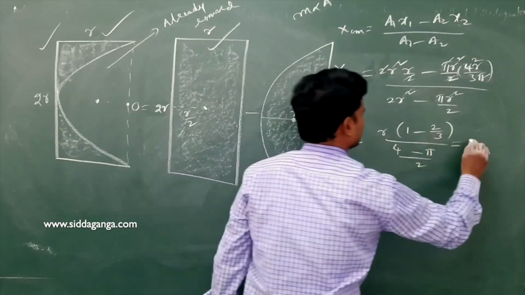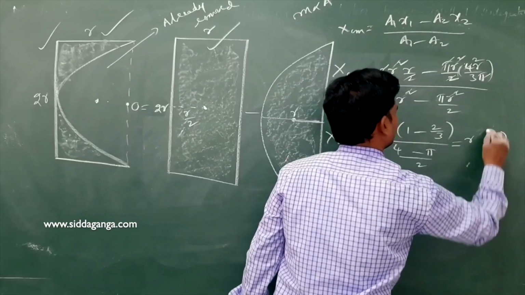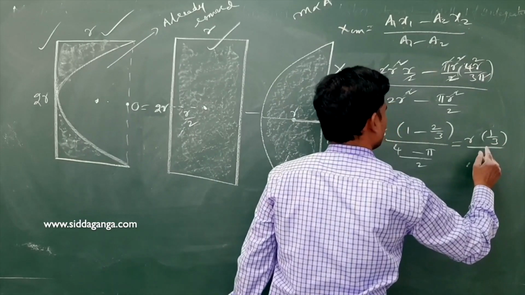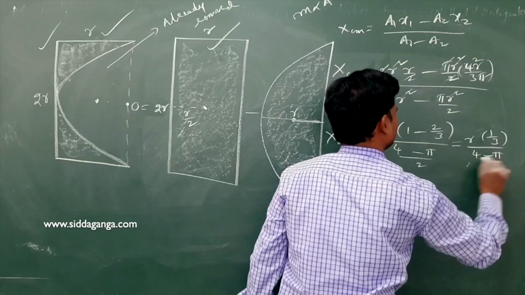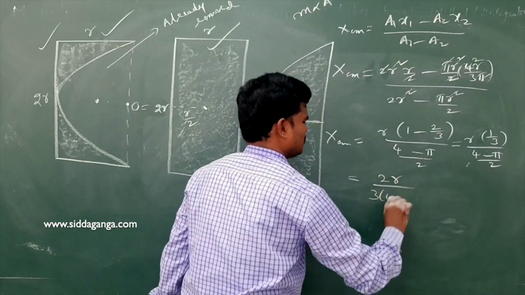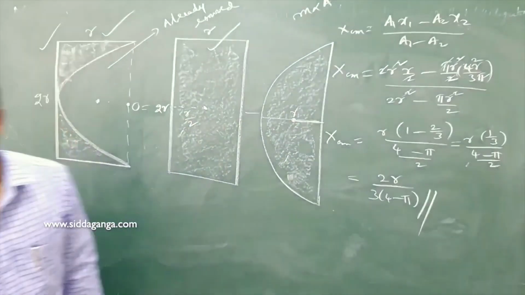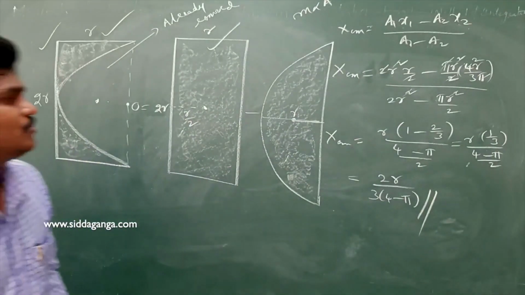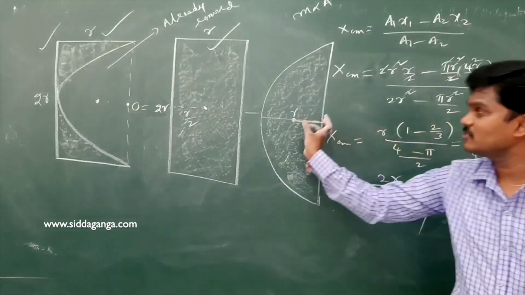So 2r by 3 into (4 minus pi). Verify the calculations. So the answer is 2r by 3 into (4 minus pi). Check the calculations. Here x2 is the center of mass of this part.